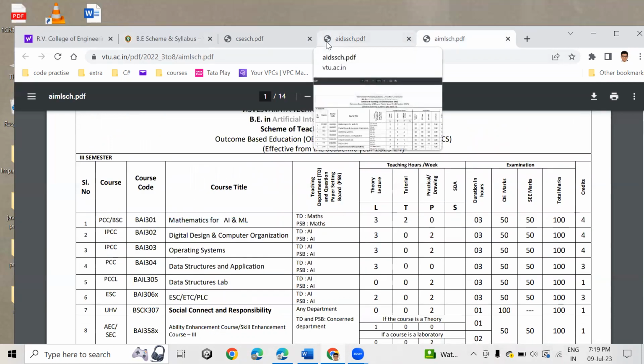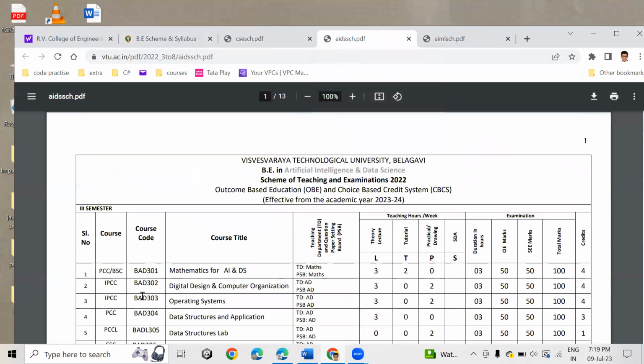So what maths will be there in AI and ML? Mostly integration, probability, and all those kinds of things. In AI and DS also you can expect the same things, for example probability, normalizations, and graphs. Those kinds of maths will be there.